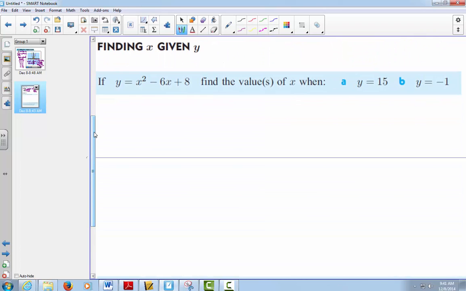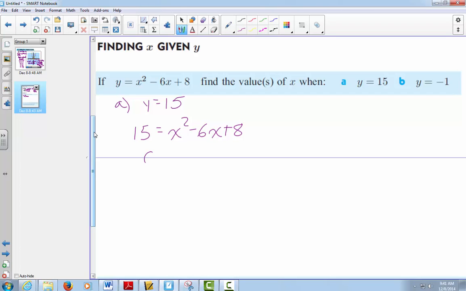Now, it gets a little more difficult. Now we know what y is, we need to solve for x. We've been doing this a little bit. So, y equals 15. So, 15 equals x squared minus 6x plus 8. We can't factor or do any of that stuff until we get this equal to 0.